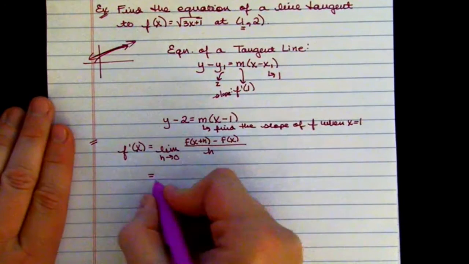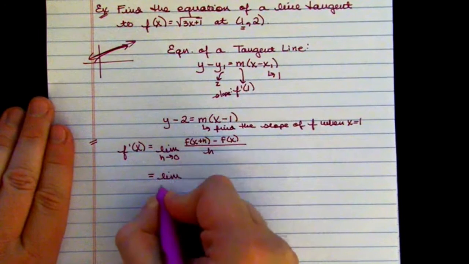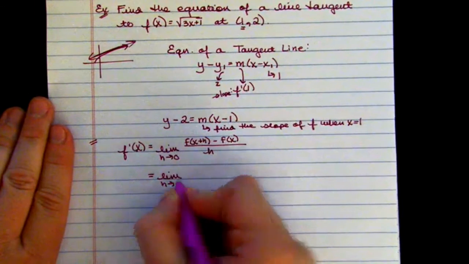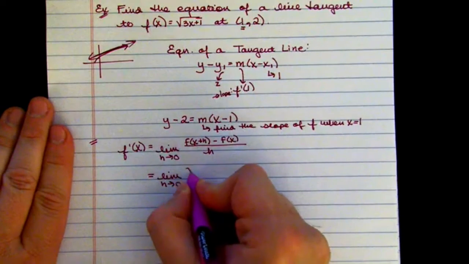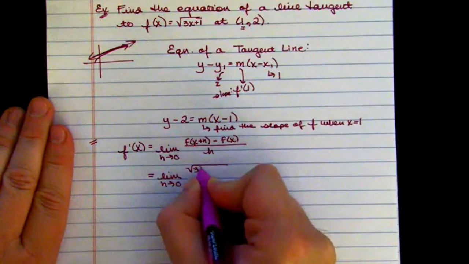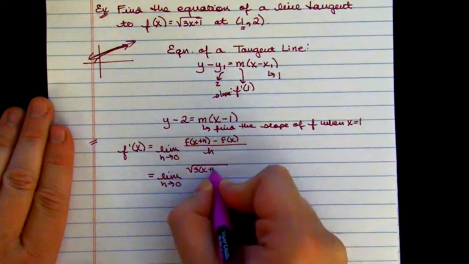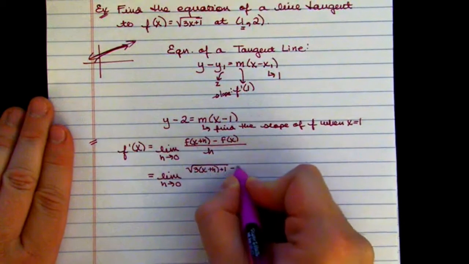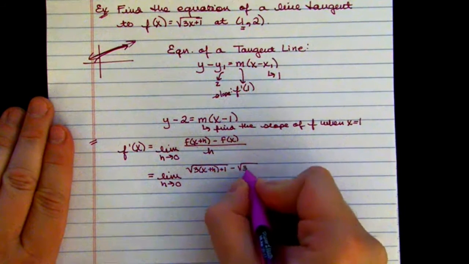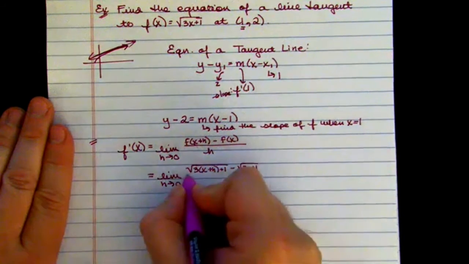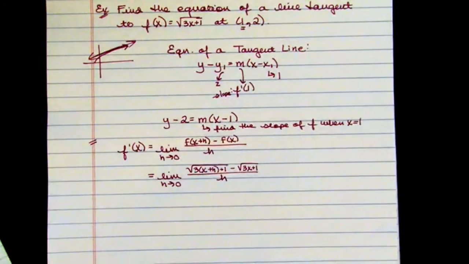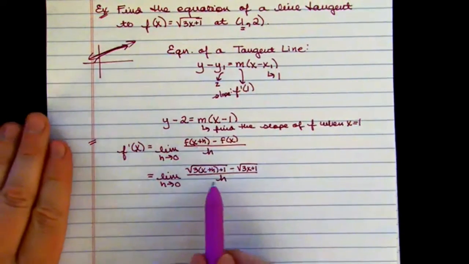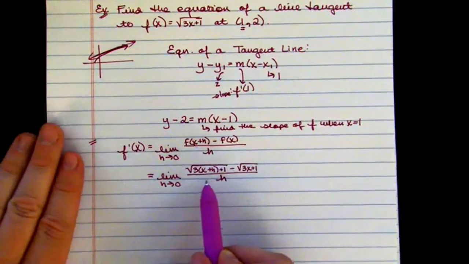Dealing with my particular formula here, I'm going to get the limit as h approaches 0 of plug in x plus h to the f function: square root of 3 times x plus h plus 1, minus square root of 3x plus 1, over h. I'm going to clean this up just a little bit by distributing my 3.